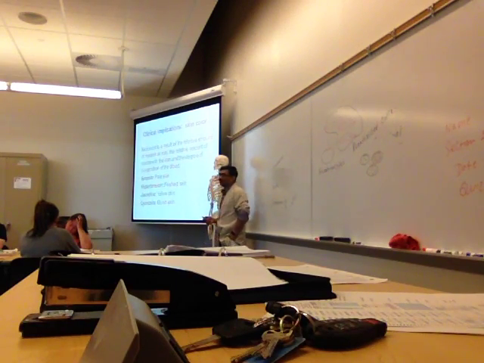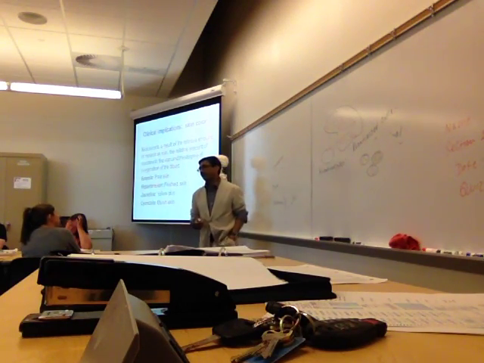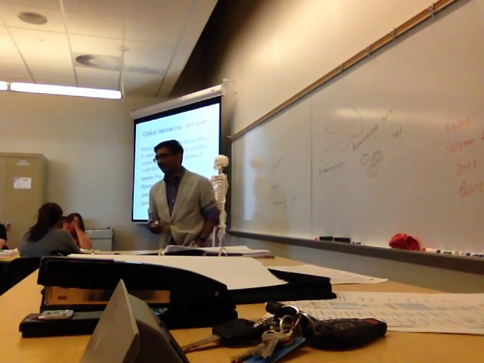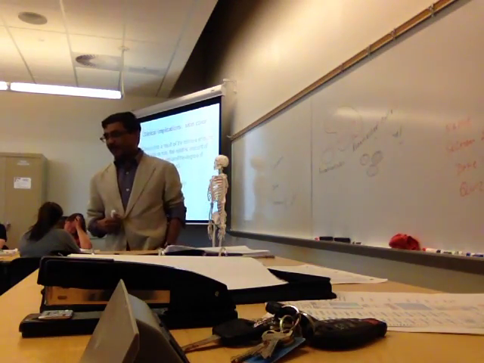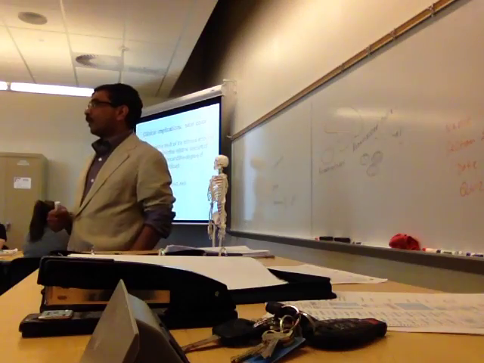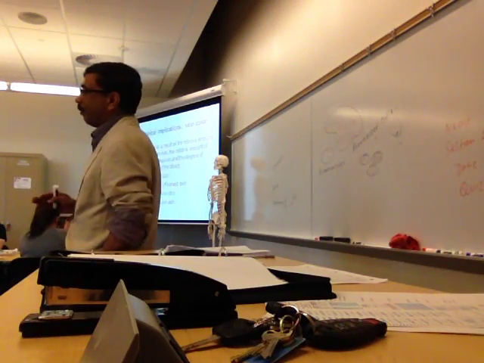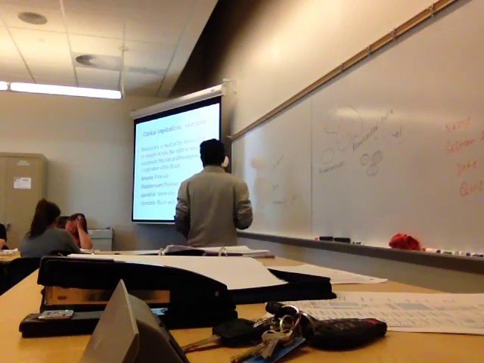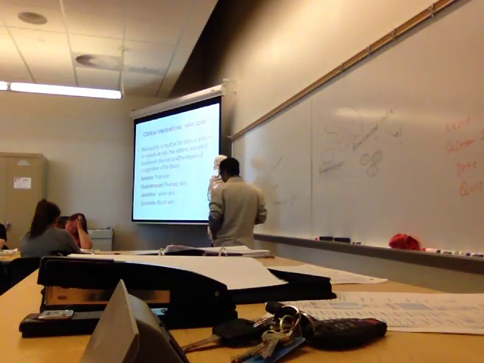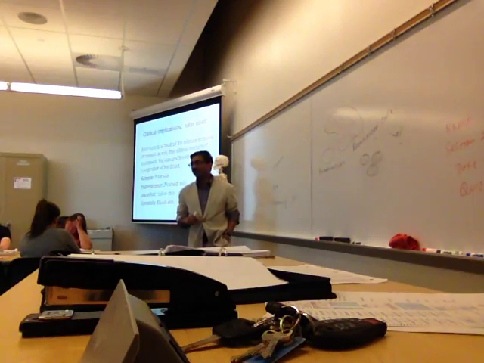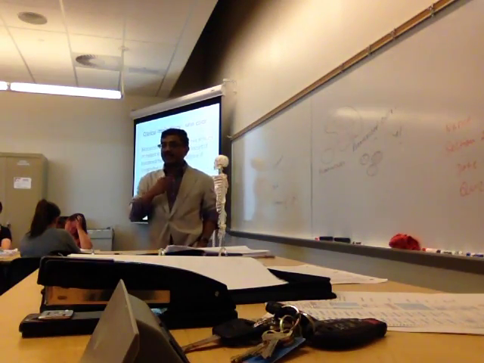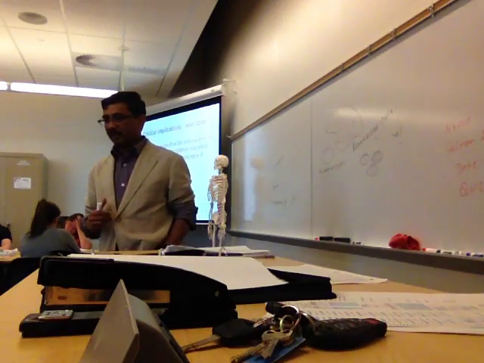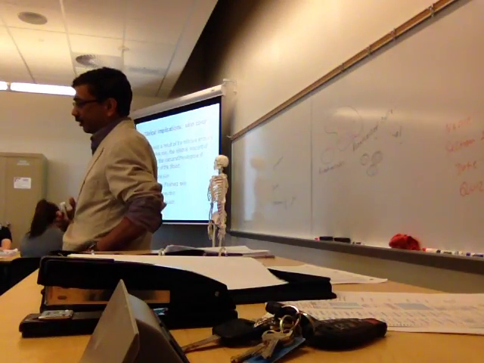Cyanosis. Cyanosis is bluish coloration of the skin. If in your body you have less oxygen than normal, if you suffer from lack of oxygen, then what will happen? Your skin color will be bluish, and that is called cyanosis.